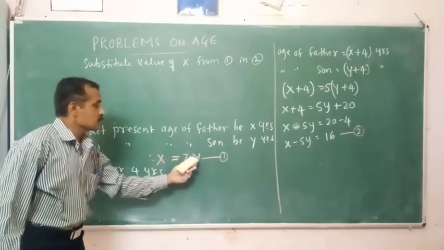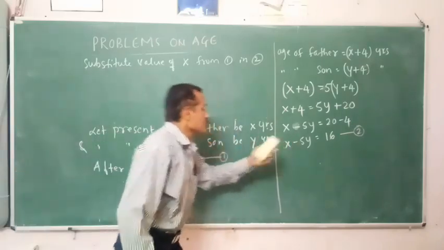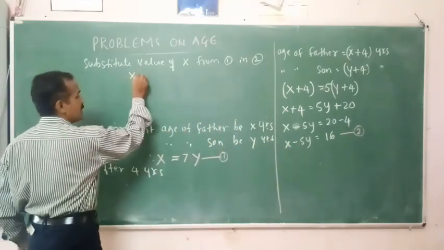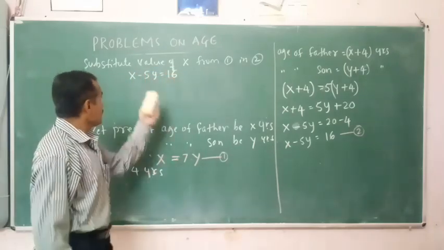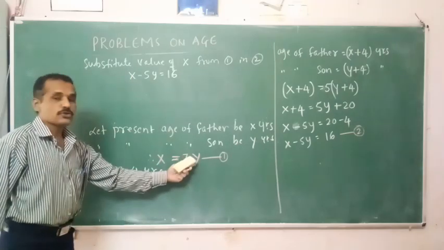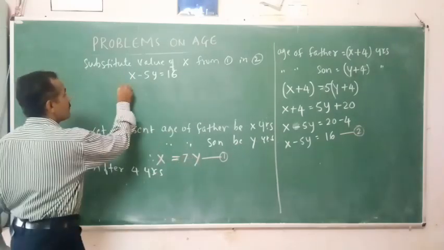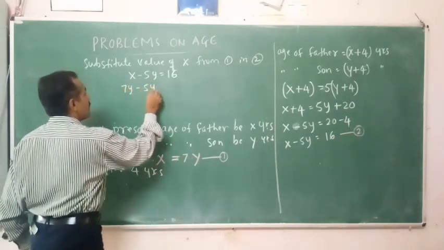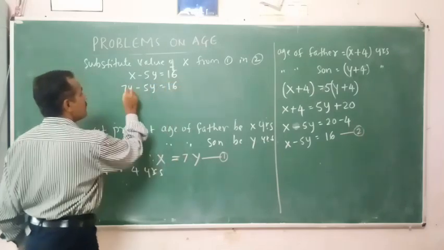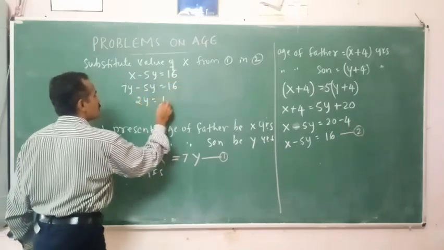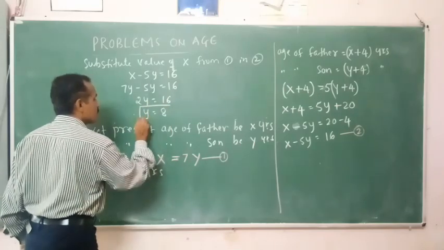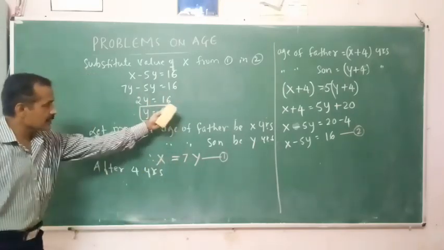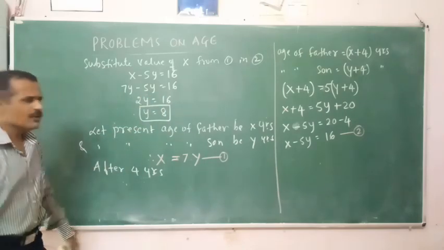From here, take this value of x and substitute here. Equation 2 says x minus 5y is equal to 16. In the place of x, I am substituting 7y. 7y minus 5y is equal to 16. 2y is equal to 16. Therefore, y is equal to 8. 16 by 2, answer is 8. We got the value of y.